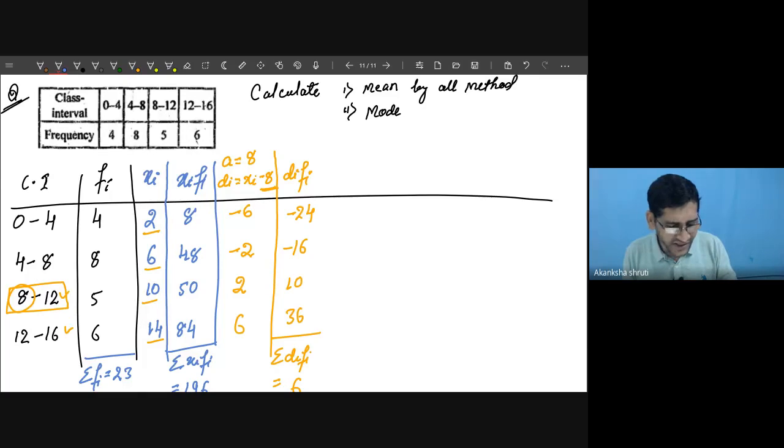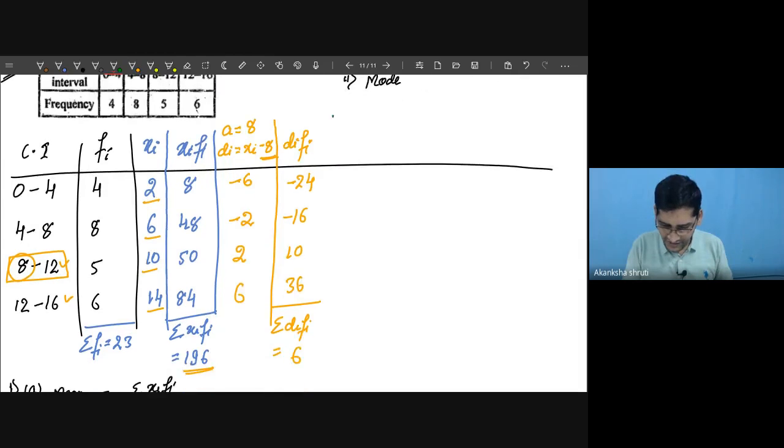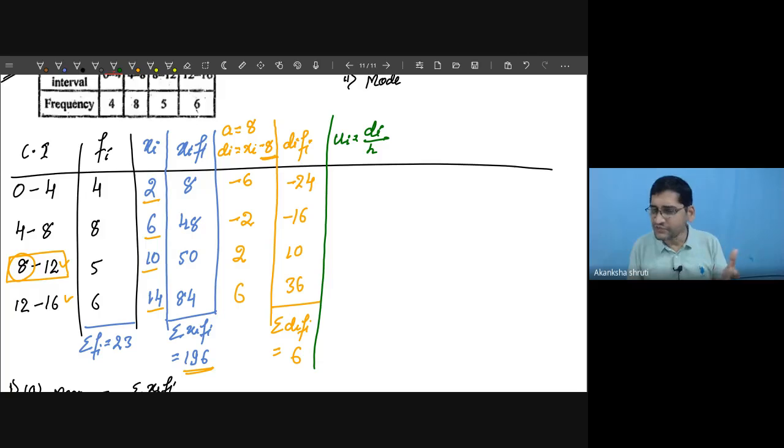Now let us go for the next one. In the next one, what is required? Students, ui is required. So ui, how is this obtained? From the di, which has to be divided by h. What is h here? 4 minus 0 is 4. So it is the same as di divided by 4.